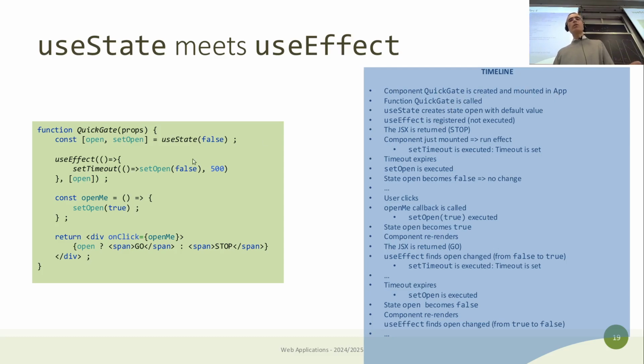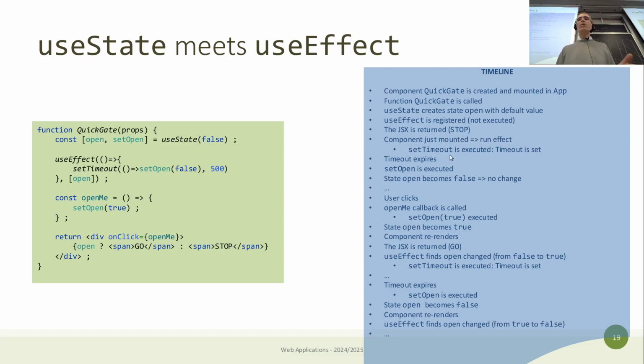Function quickGate is called, and useState creates a state with the default value false. And so useEffect is registered, not executed. Always remember that when you see the useEffect, it's just a callback that is passed to React for later execution. JSX is returned with the stop value because open is false.